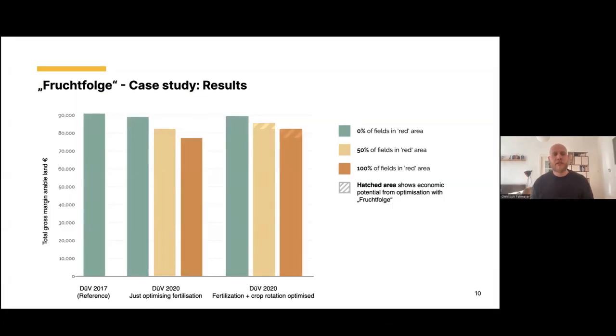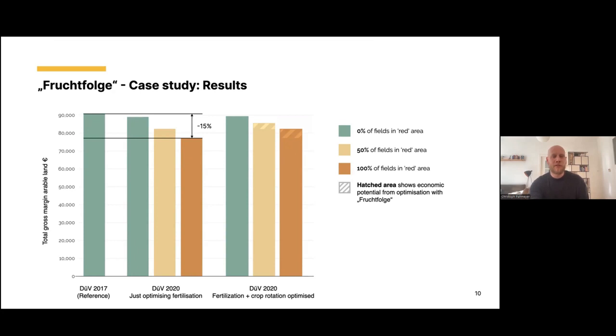And then as a result, as a reference in the old policy, the farm would make around 90,000 euro as a total gross margin. Then under just optimizing the fertilization, but not changing the crop rotation at all, we could see that when 0% of the fields were in the red area, the profit dropped just by a little, and you see that it's dropping by up to 15% if all of the fields are in the red area.